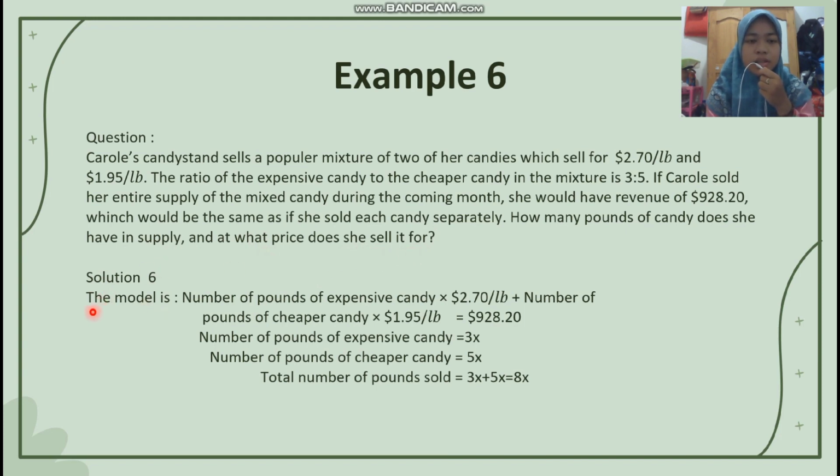And the solution, the model is number of pounds of expensive candy times $2.70 per pound, plus number of pounds of cheaper candy times $1.95 per pound, equals $928.20.